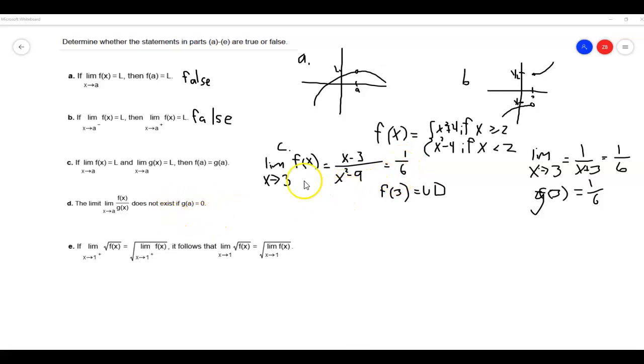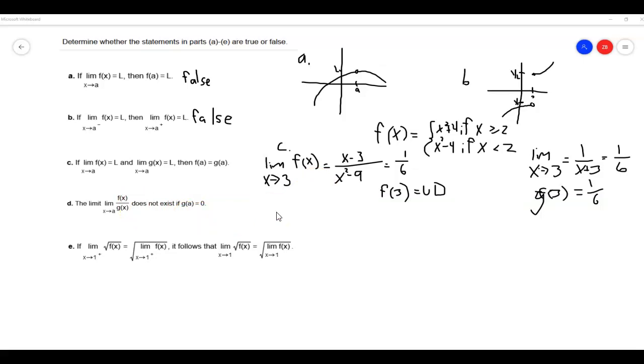So it would just be using this first part of C that we did to show that if we get the indeterminate form where f of x and g of x are both equal to 0, and then we're able to factor something out of g of x and f of x, and then we end up getting a non-zero answer, then we're good. So that would be a counterexample to D there.